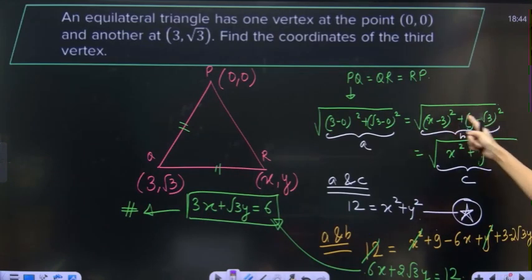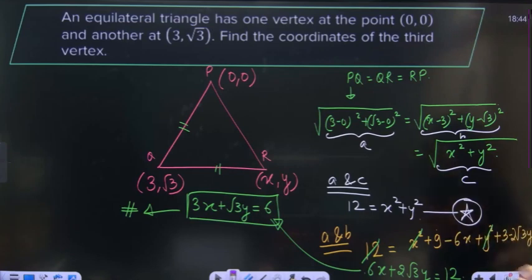So yes, from here, let me check. You are going to get x square plus y square. Then we have this also, 9 plus this. So 12. So 12 minus 6x minus 2 root 3y, so 3x plus root 3y equals 6.